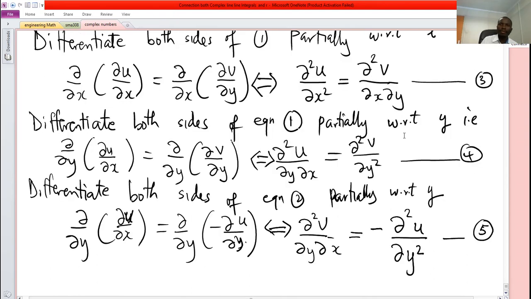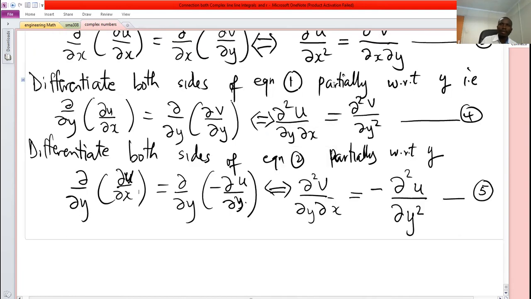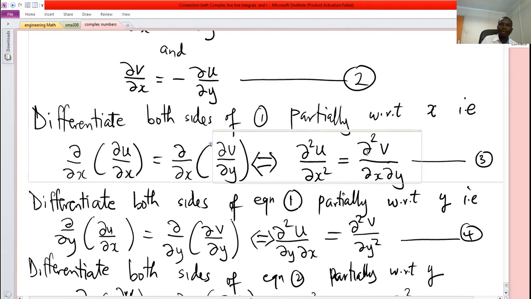Now, from equation 3, this is partial squared v partial x partial y.